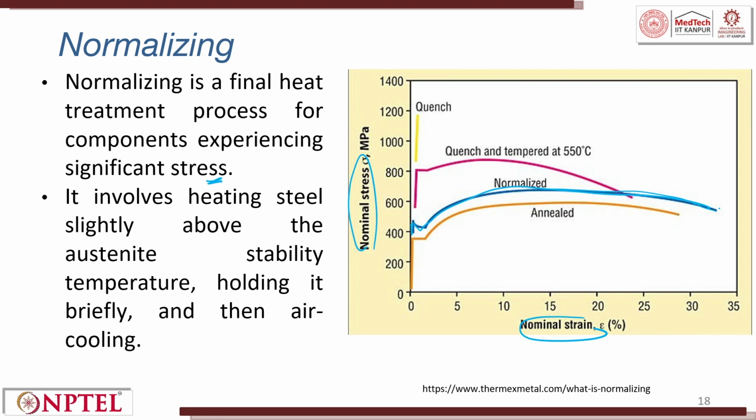It involves heating steel slightly above the austenitic stability temperature, holding it briefly and then air cooling it. In annealing it was furnace cooling. Here in normalizing it will be air cooling. So, you see the ductility, the strain whatever you get, is very high.